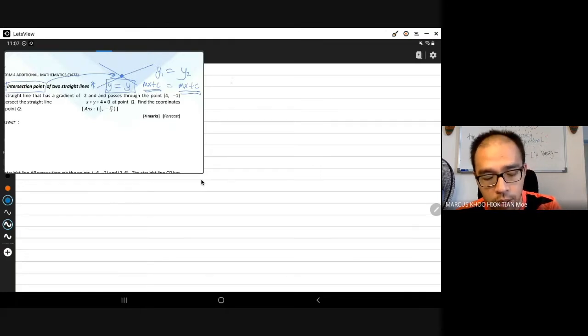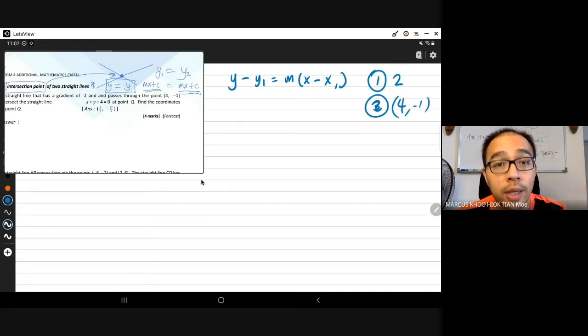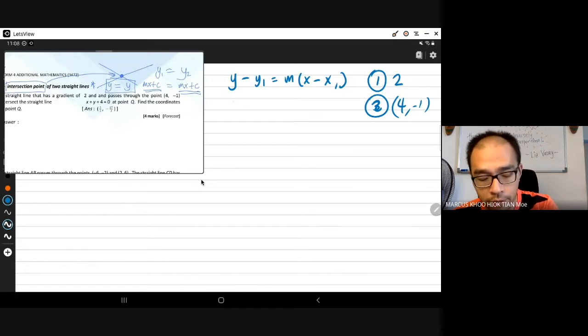It will be y minus y1 equals to m times x minus x1. The gradient is 2. The point is 4 and -1. So we can substitute it in, and we will have y minus -1 equals to 2 times x minus 4.